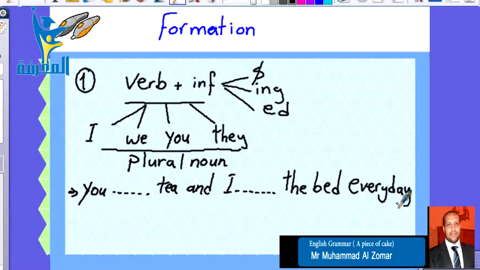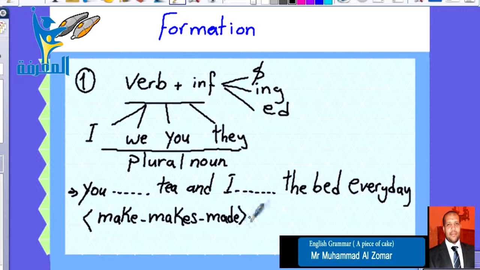This sentence is in the present simple tense. And we have here for the first space: make, makes, and made. For the second space, we will have tidy, tied, and titled.